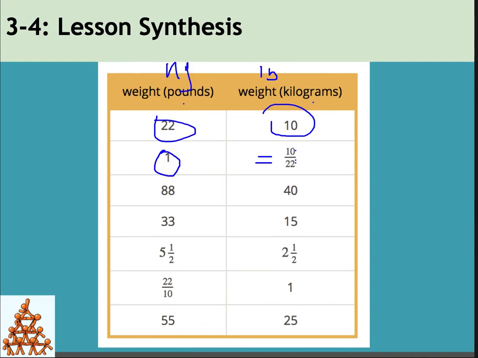And then we can use that to multiply out and find our other missing kilograms by using charts or anything else. But knowing that that is how we create ratios is what you really need to understand from this unit. I know sometimes some of us get hung up on struggling with the math, but here what I really want you to focus on is how it is converting to make those equivalent ratios.